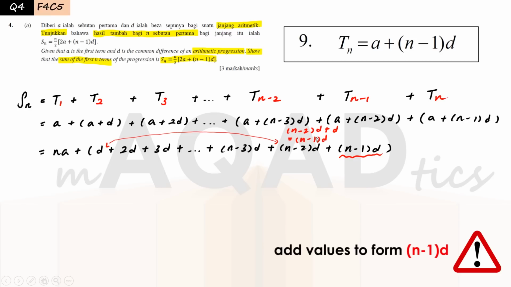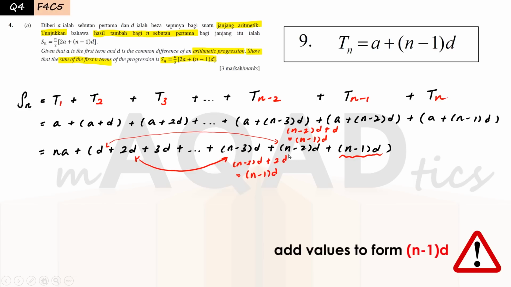The same value here, and the same value from the formula. Another example, this 2d, I am going to add up with n minus 3 times d. So n minus 3, if I add 2, it will be n minus 3 plus 2, so here it's n minus 1 times d.